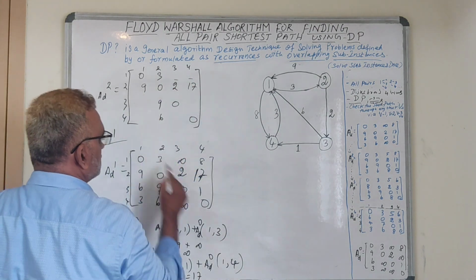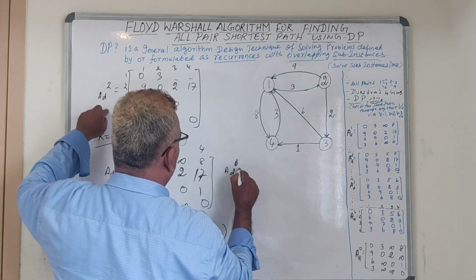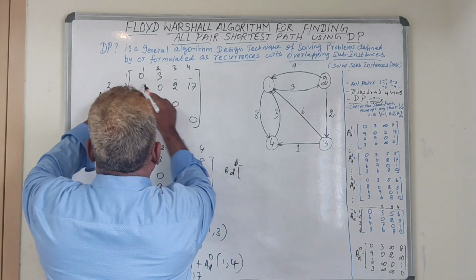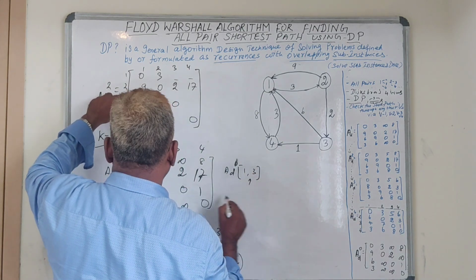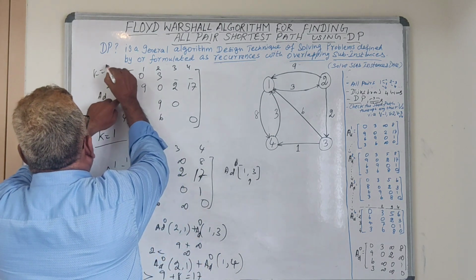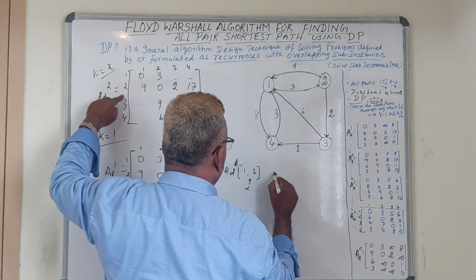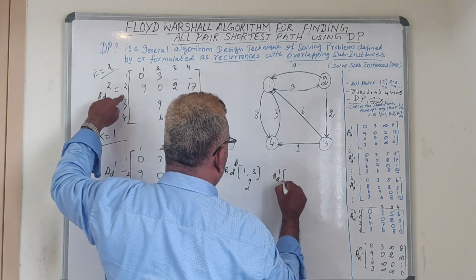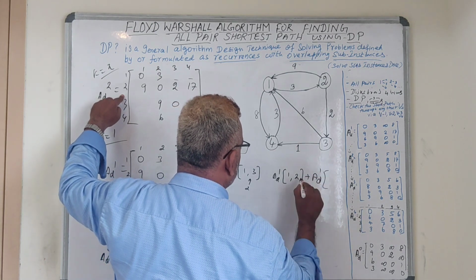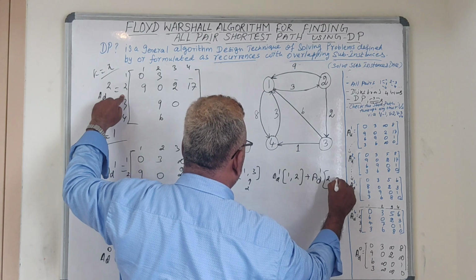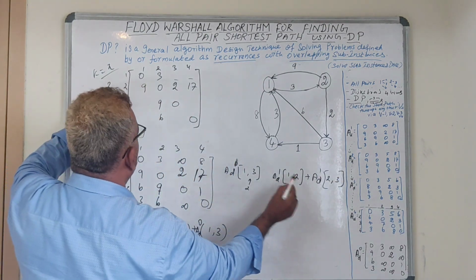Now AD1 of first row, third column. Here you have to introduce the value of k equal to 2. That means you have to introduce 2 as the intermediate vertex. So it is AD1 1,2 plus AD1 2,3.